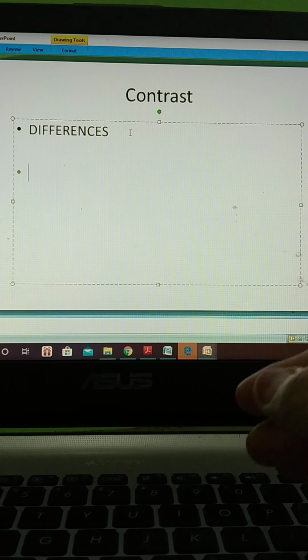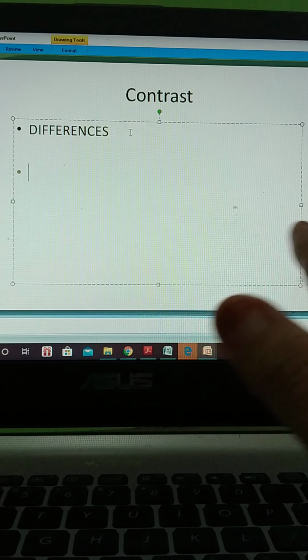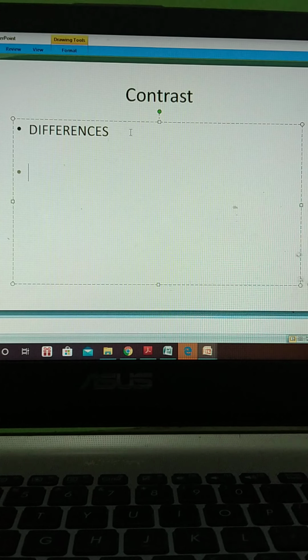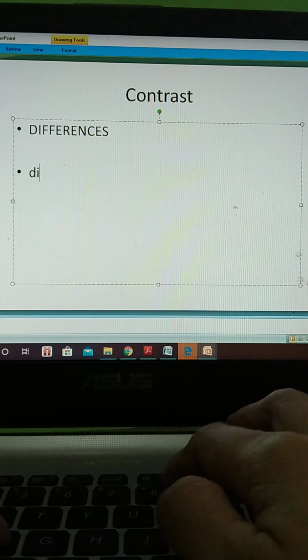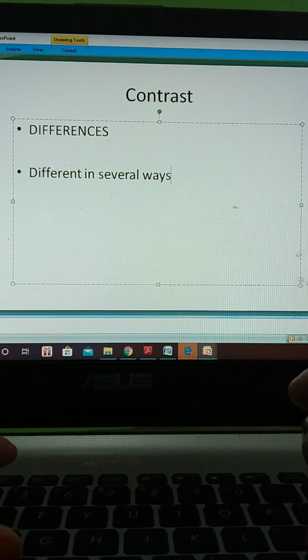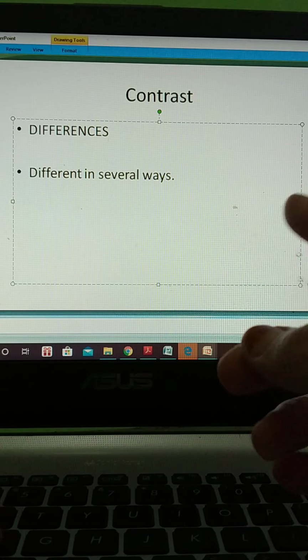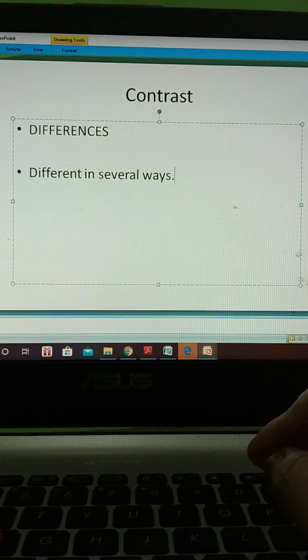And in the supporting sentences, the writer of the paragraph started to differentiate. So the key point: different in several ways, jadi berbeda dalam beberapa hal. And then your supporting sentences should explain the differences.